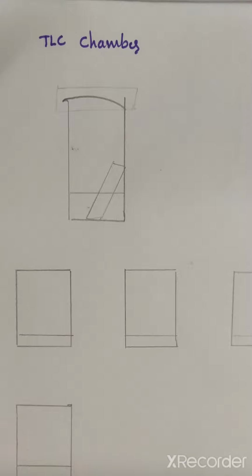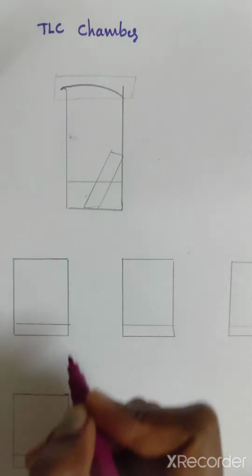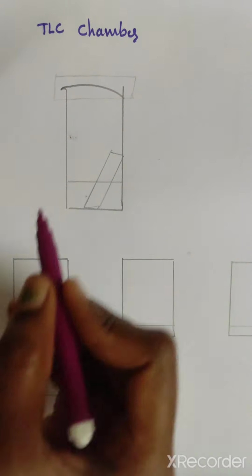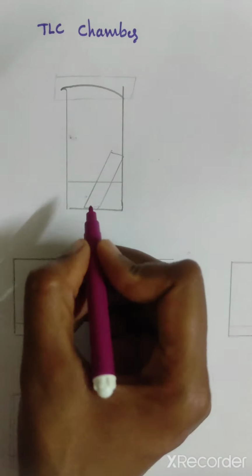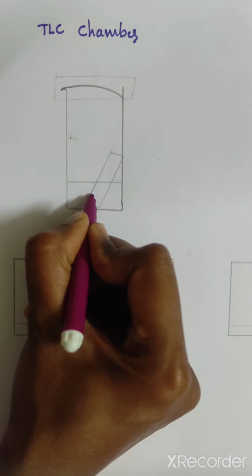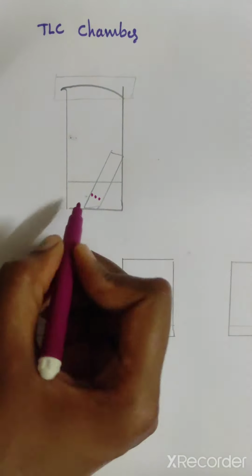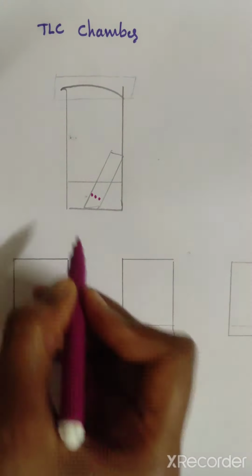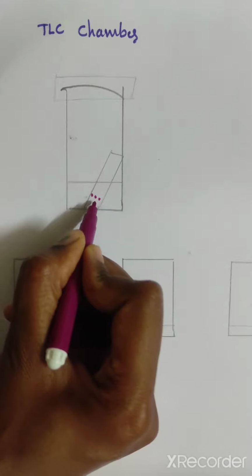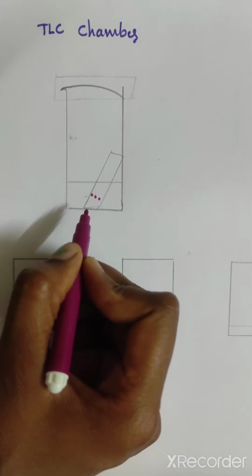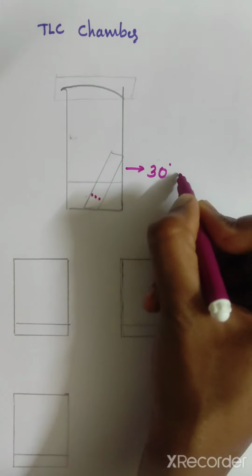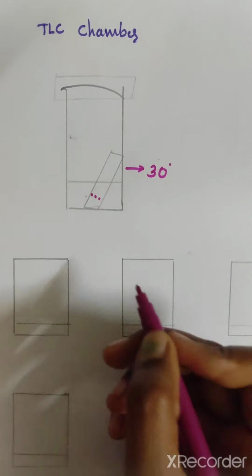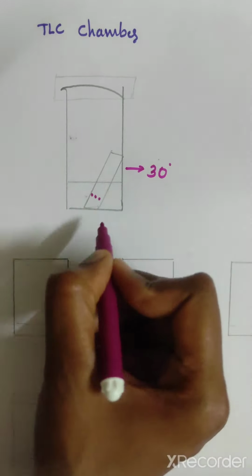See, this is the TLC chamber, and this is the lid. This is the TLC plate, with A, B, C the reactants and product spotted here. At a 30-degree angle, we can keep the TLC plate in the TLC chamber.